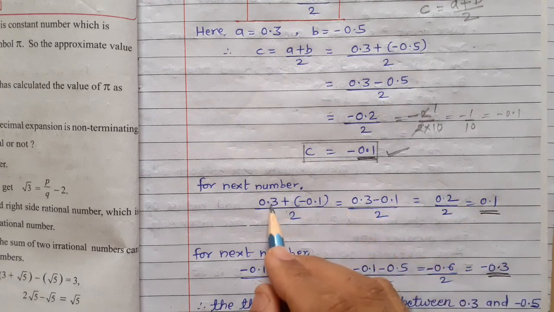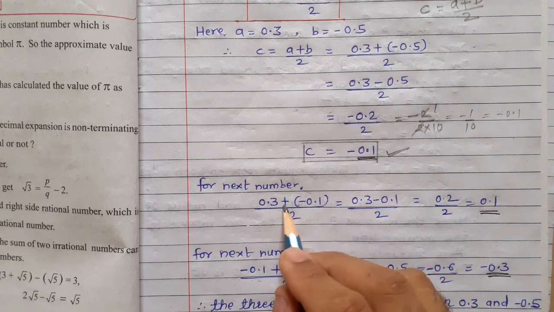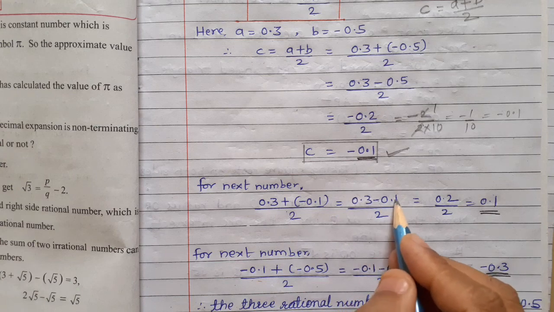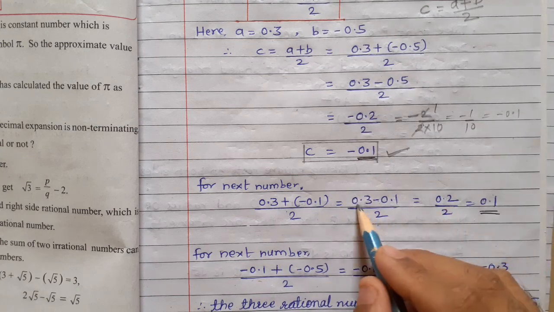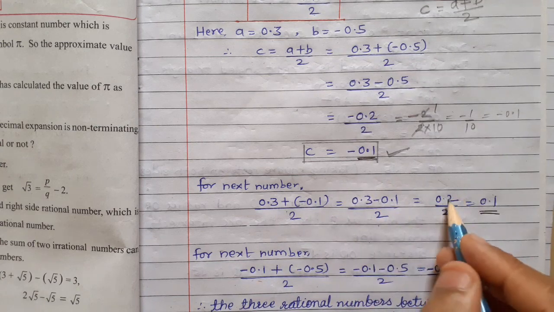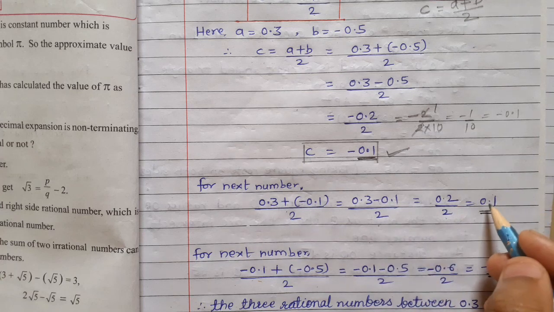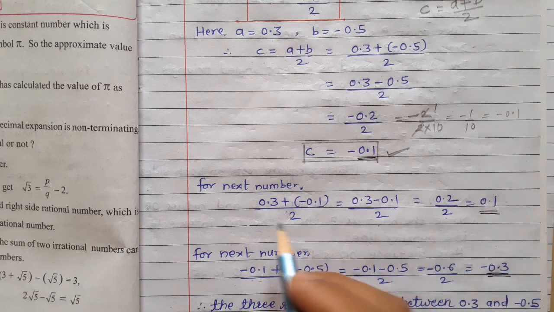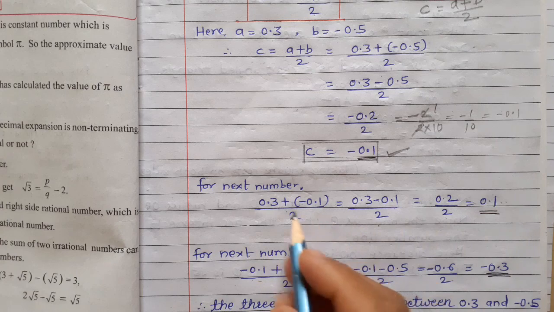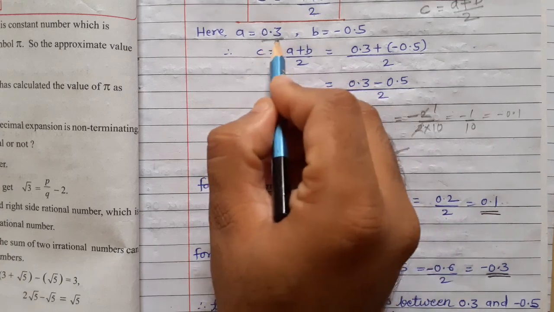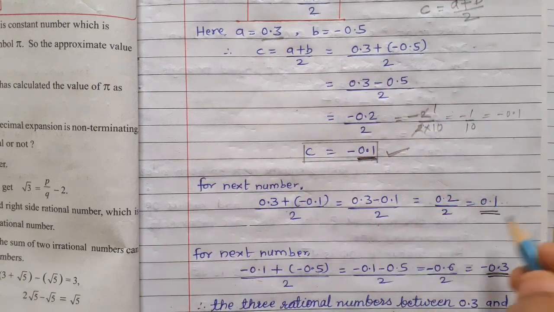Then we are having (0.3 minus 0.1) upon 2. 0.3 minus 0.1 is 0.2. So 0.2 upon 2, we are having 0.1. So 0.1 is the number which is in between 0.3 and minus 0.1.